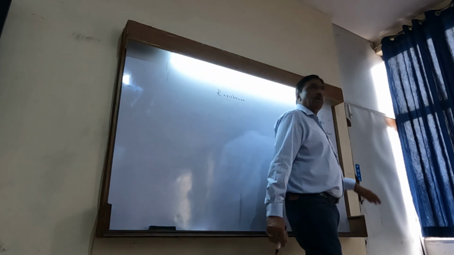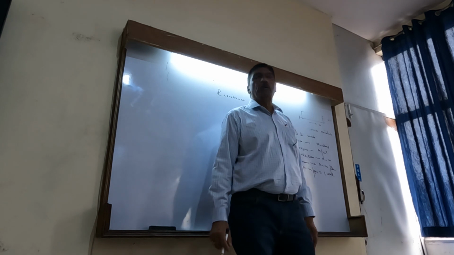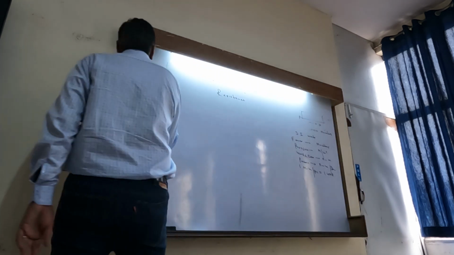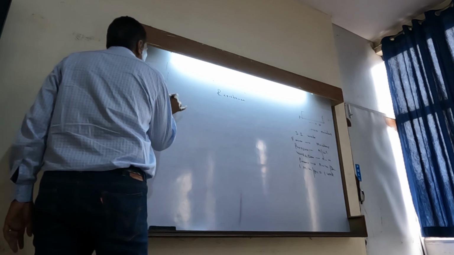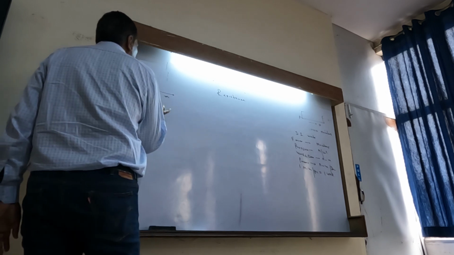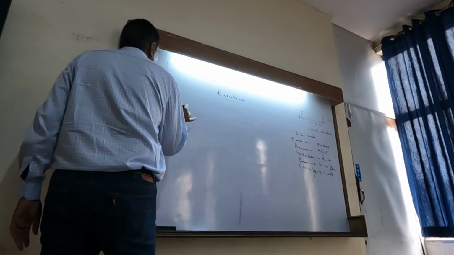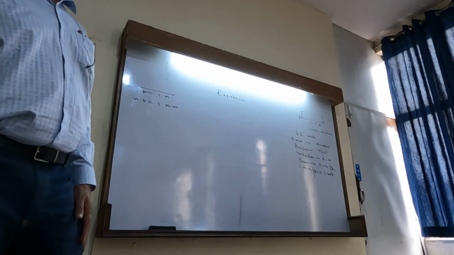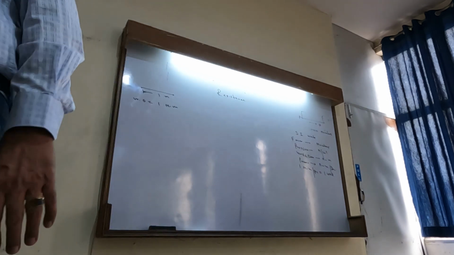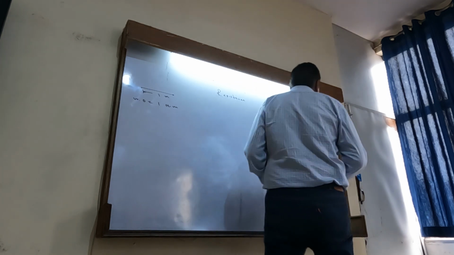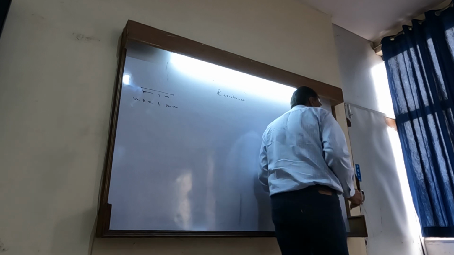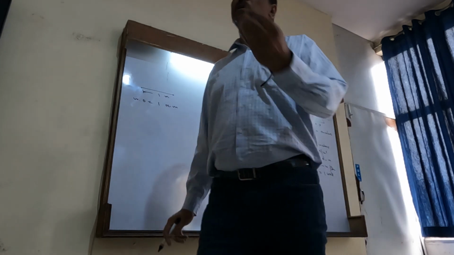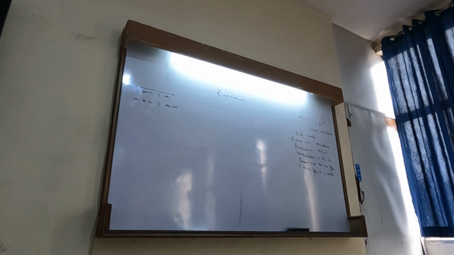So if a 1 newton force is moving an object by 1 meter, then the work done is equal to 1 newton meter. Correct? That is the work done, because the object has been moved. For power, it is newton meter per second. That means in 1 second how much work is being done? That is called power.